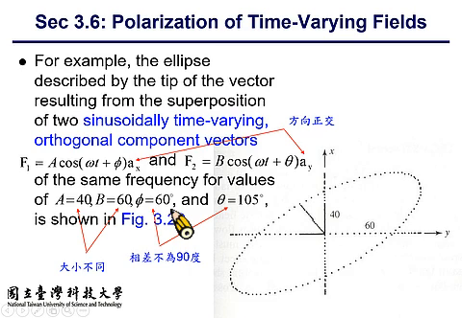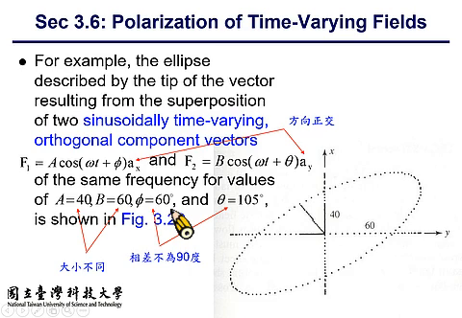那 how about a linear polarization? What is linear polarization? You can imagine that linear polarization is elliptical polarization with a very large major axis to minor axis ratio. So for linear polarization, axial ratio approaches infinity.